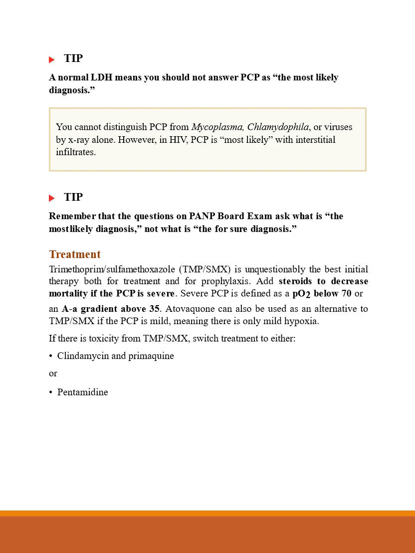The treatment is with trimethoprim-sulfamethoxazole, unquestionably the best initial therapy both for treatment and prophylaxis. You add steroids to decrease mortality if PCP is severe. Severe PCP is defined when the PO2 is less than 70 or the A-a gradient is above 35.